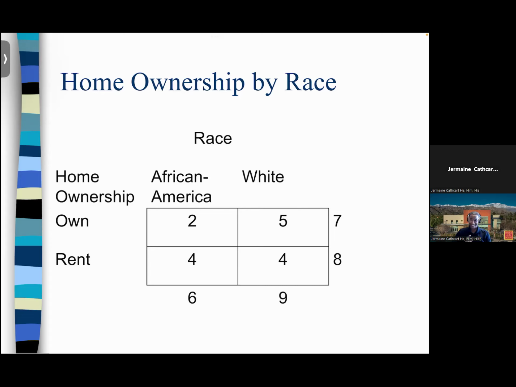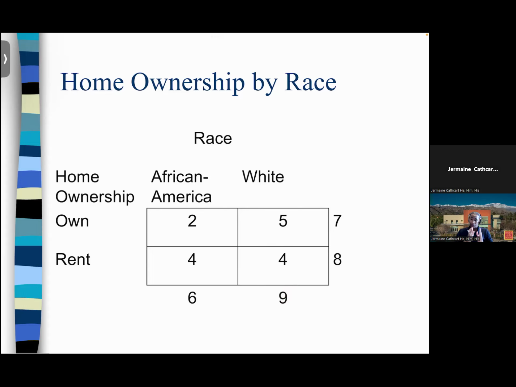And the reason why it's not equal is because there's essentially more white Americans in the actual study, right? So proportionally speaking, we look at the percentages, more white Americans own their homes than rent compared to African Americans, right?